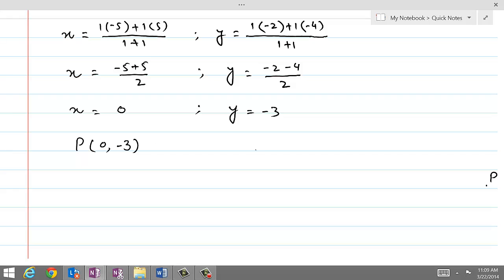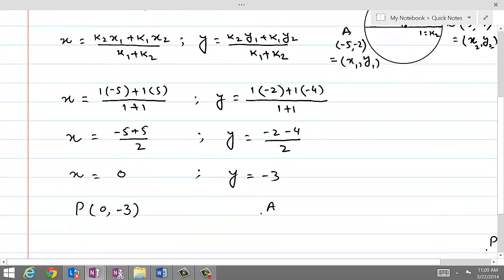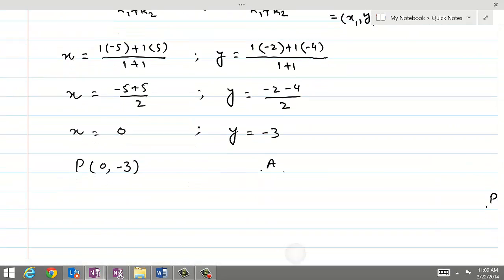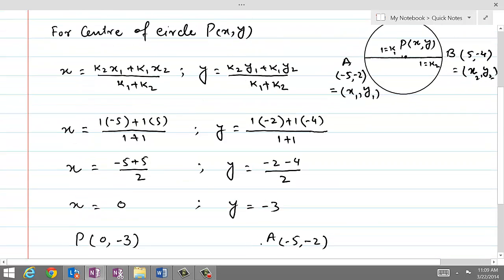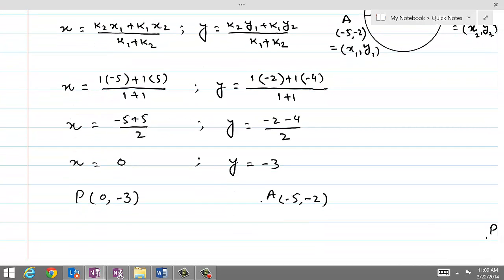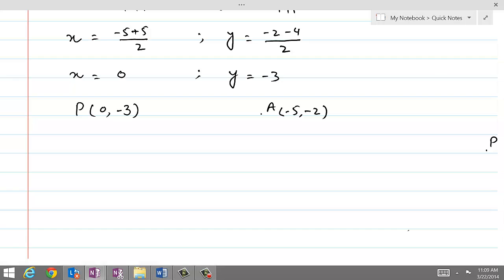Let's find the distance of P from A. A is -5, -2. If we write down -5, -2 as coordinates of the point A, then the radius of the circle is equal to AP.